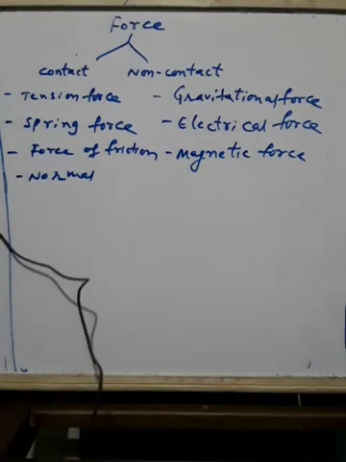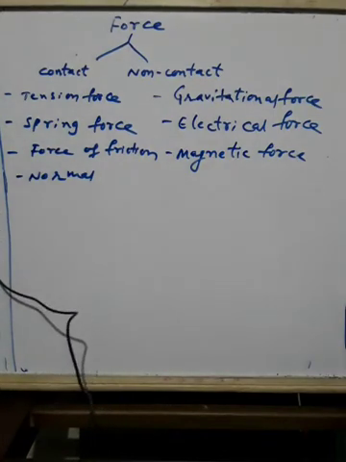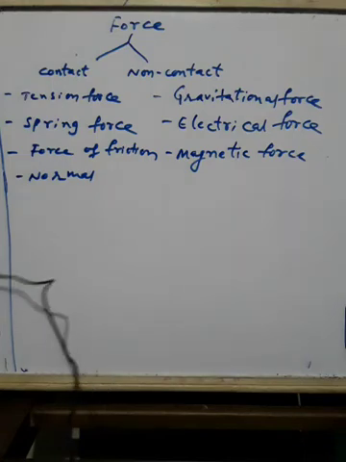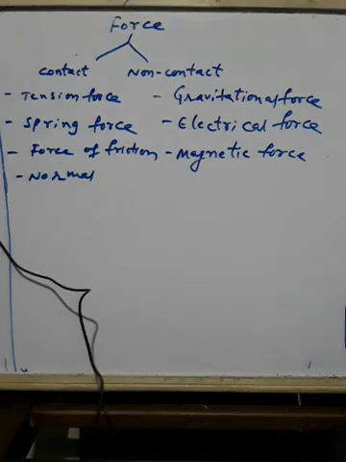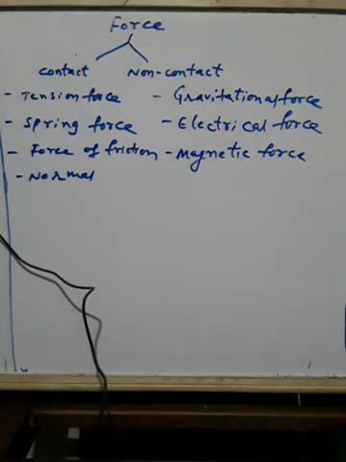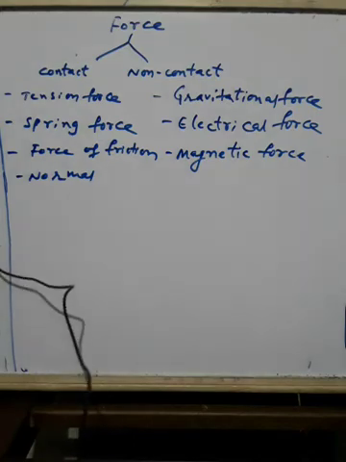Okay, then what is electrical force? You know very well, matter has a property called charge. There is a charge in any matter, about which you will learn in your higher classes. The force exerted by a charged body on a charged or uncharged body is called electrical force.